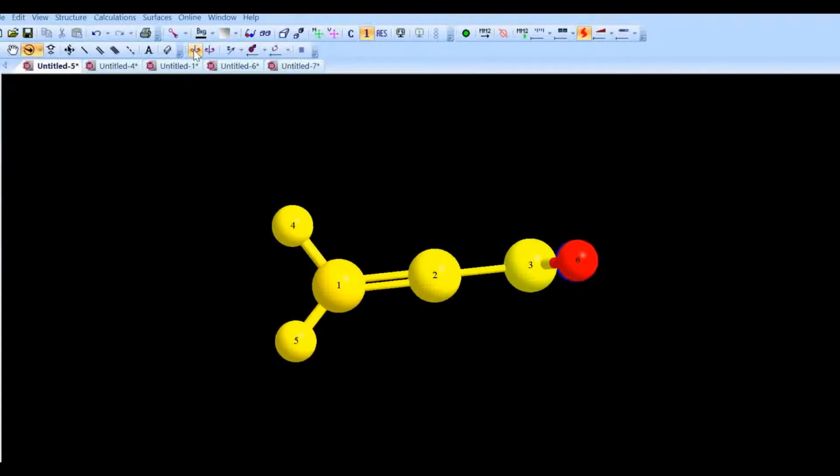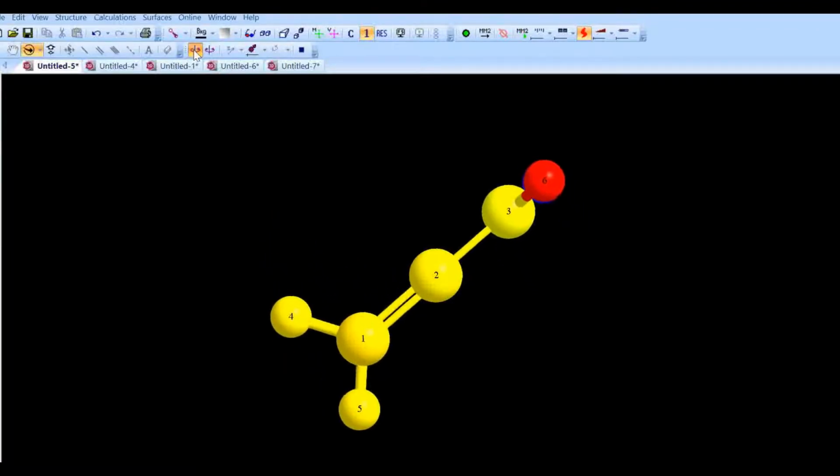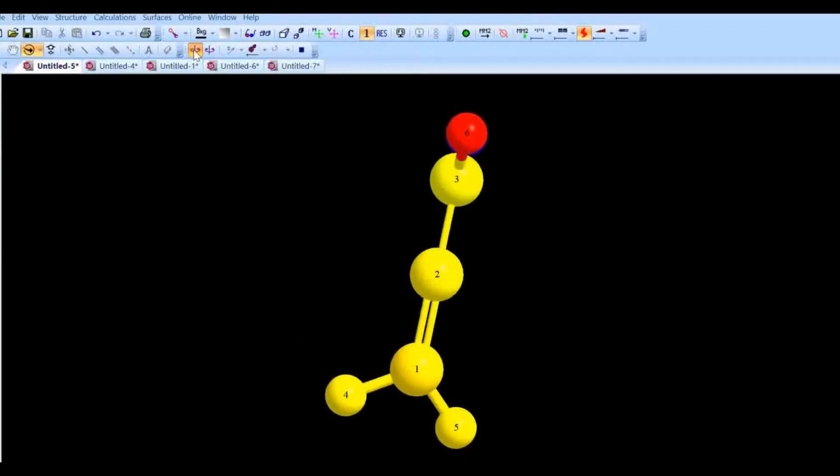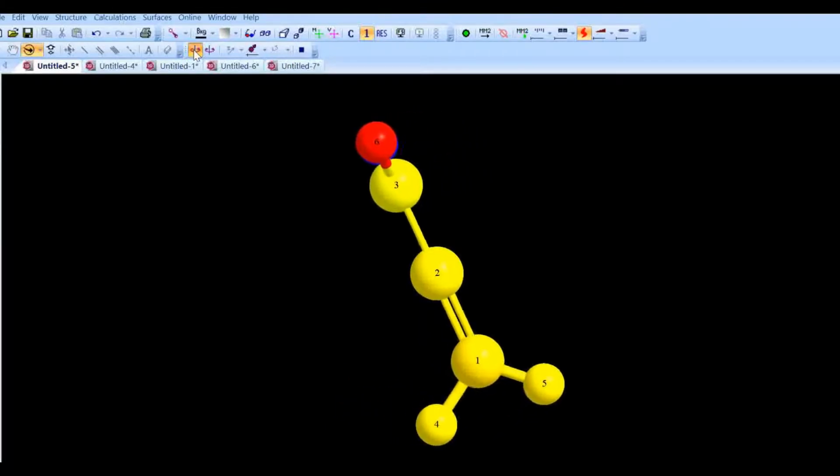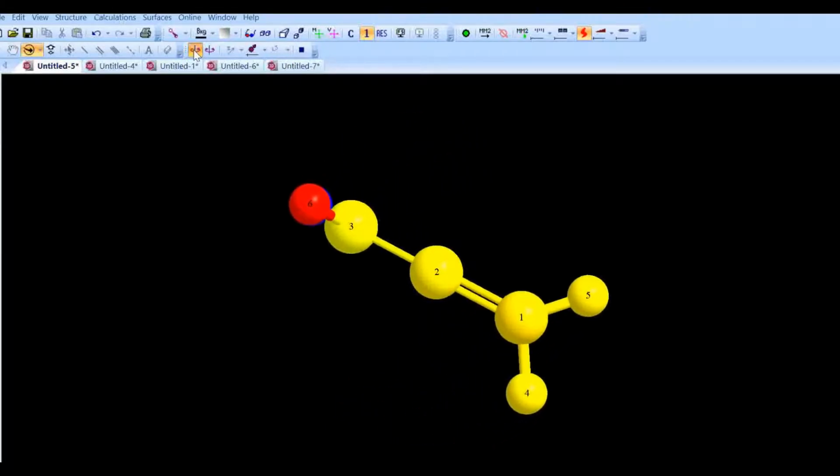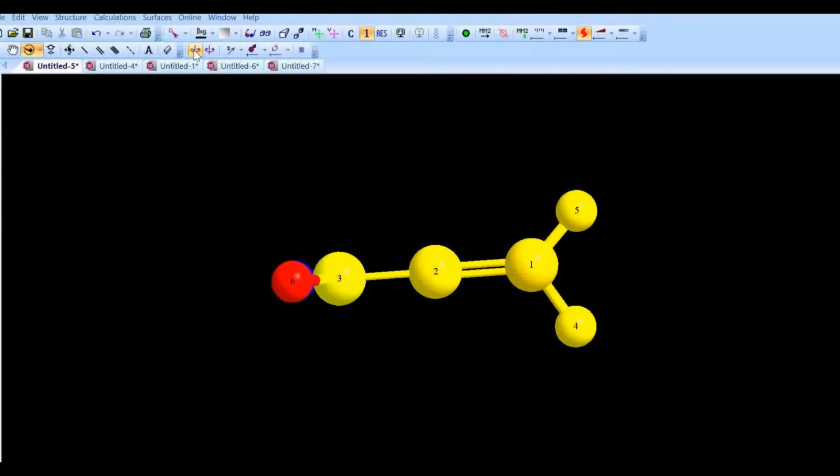See, but then let me find out one axis very near to this axis. See, what I am doing is I am rotating this molecule a little bit around the principal axis.